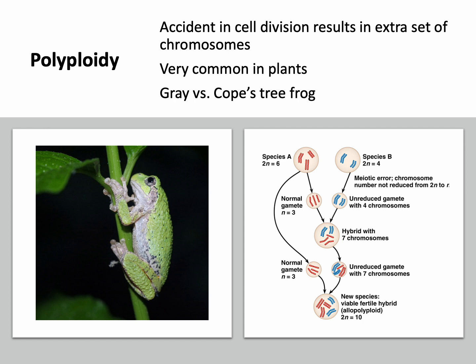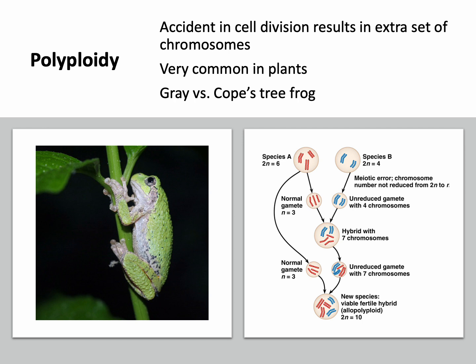So at some point, a Copes tree frog had some kind of mitotic division error that resulted in more chromosomes, and then they fused during fertilization, and you ended up with a polyploid gamete, or a polyploid cell, which then developed and did not die off, remained viable, remained fertile. And now you have essentially a new species, because gray tree frogs cannot interbreed with Copes tree frogs.